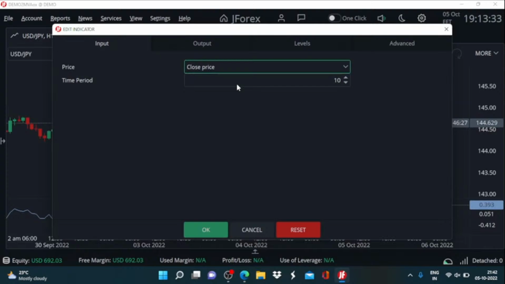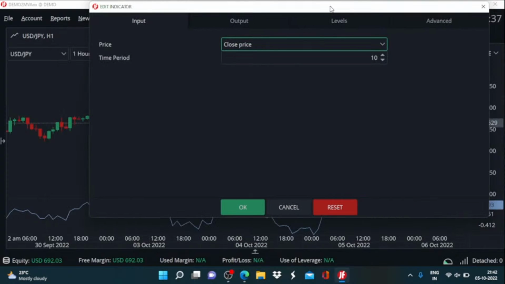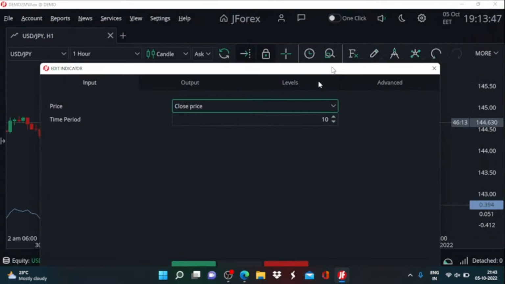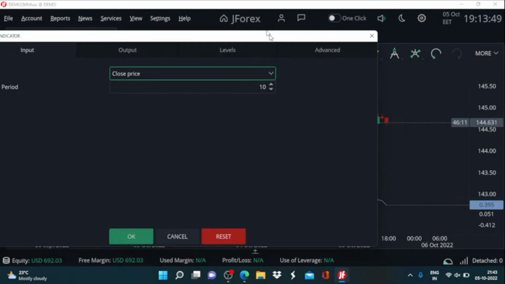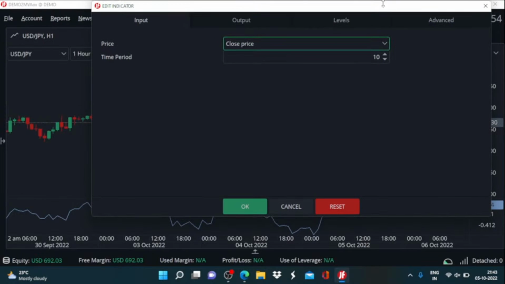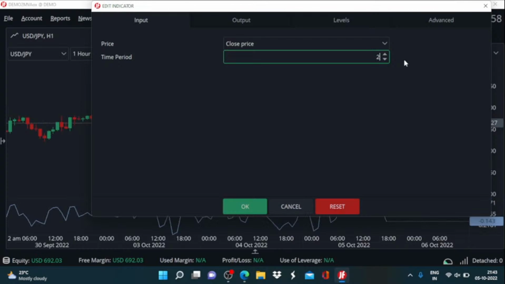Now I will revert it back to close price. If you want to take into consideration price moves of quite recent vintage, then you can use a lower time period for the calculation of the indicator. But if you want to take into consideration the price moves over a larger time frame, then you can increase it also.